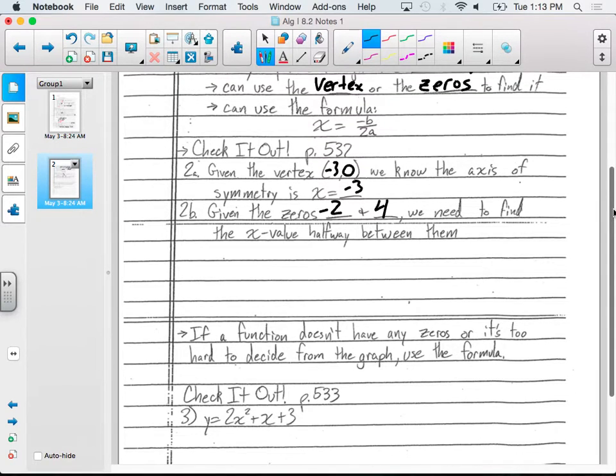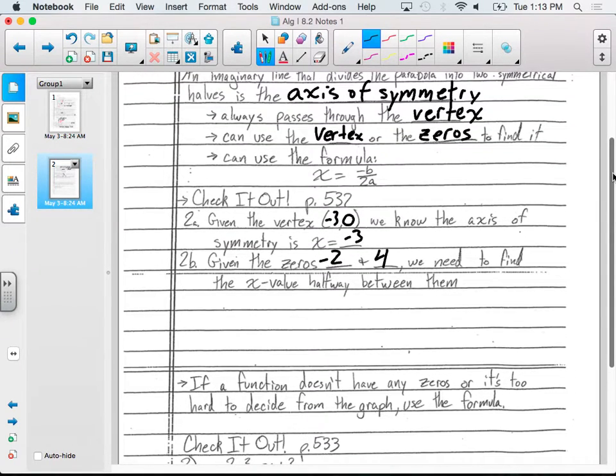Alright, so they gave us the zeros. When we are given zeros, we have to find the halfway point between them, because that's what our vertex would equal. So if we want to find the halfway point between -2 and 4, what do you think we would do?